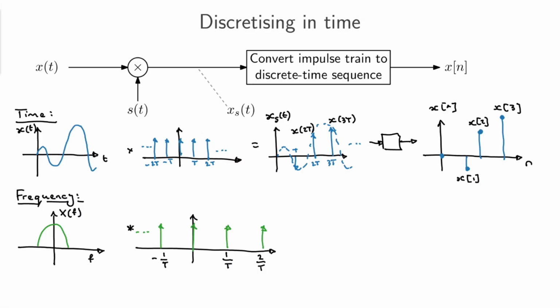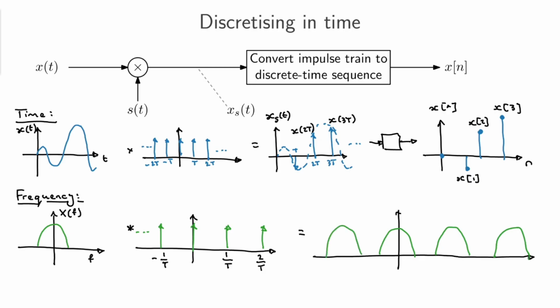So when I convolve this thing with this thing, what do I get out? That's exactly right. Basically this little thing gets copied at 0, and at minus 1 over T, and at minus 2 over T, and at 1 over T, and at 2 over T. So you get this little chunk at 1 over T, a chunk at 2 over T, and one at minus 1 over T. This is the frequency content of my sampled signal.